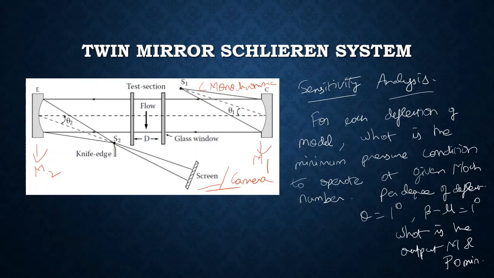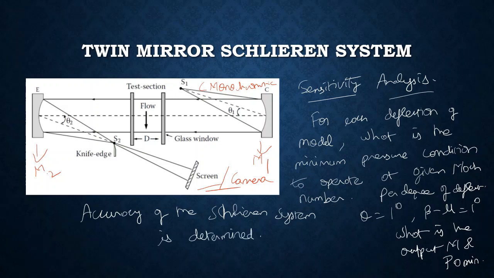When you analyze this sensitivity, we could get the accuracy of the Schlieren system. So when you do the sensitivity analysis, or when you try to bring out the Mach number and the minimum stagnation pressure condition, the operating condition, we could get the accuracy. So the accuracy of the Schlieren system is determined.